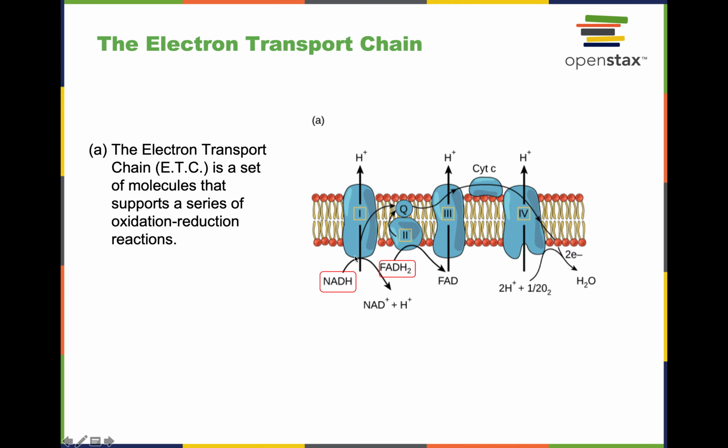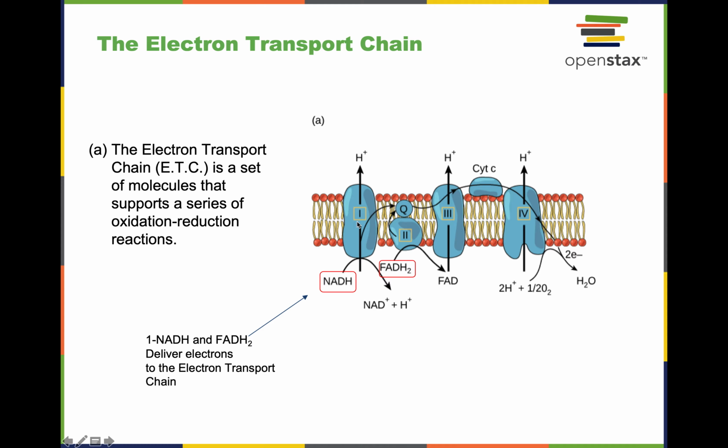When NADH delivers the electrons to these molecules, it goes into a high energy state, and molecules don't really like to be in a high energy state, so they pass it on to the next protein in the chain, and then the next protein, and finally the oxygen catches it.